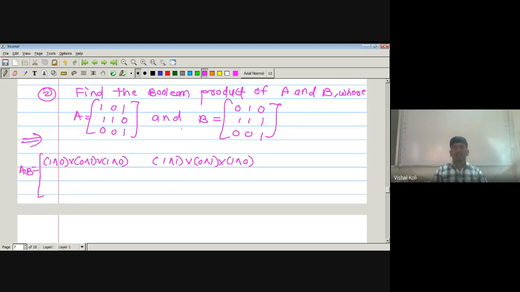Now third element will be 1 meet 0 join 0 meet 1 join 1 meet 1.